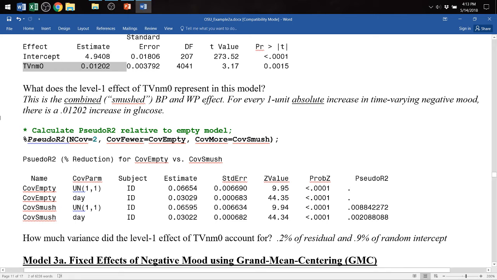So if you get a table of results where you have something like time-varying negative mood, and there's nothing in the table about person negative mood or person mean negative mood or something that would convey level 2-ness, it's smushed. Here's the other way. When people tell you that a level 1 predictor explained level 2 variance, that cannot happen.